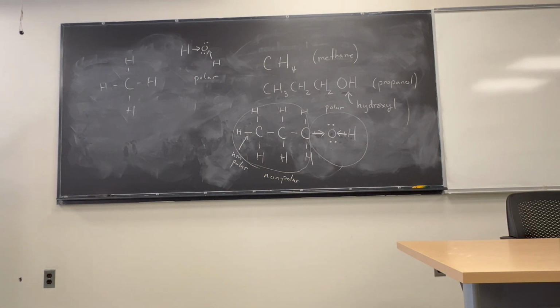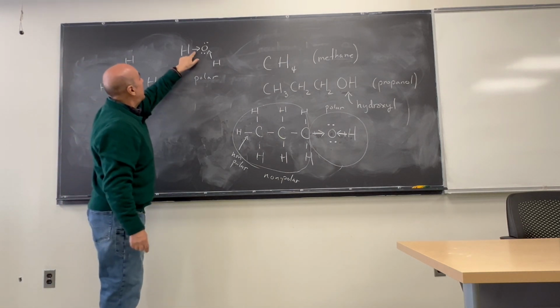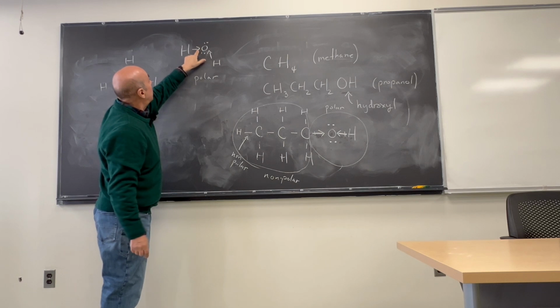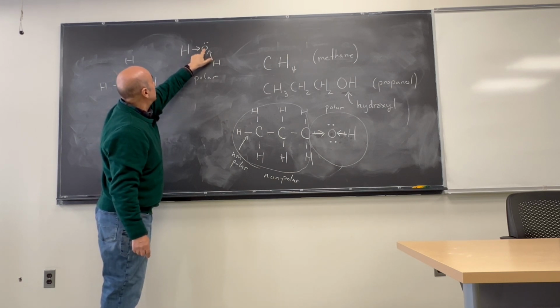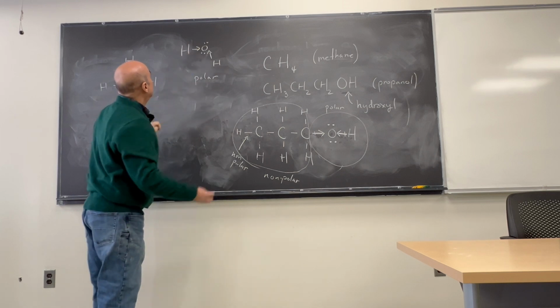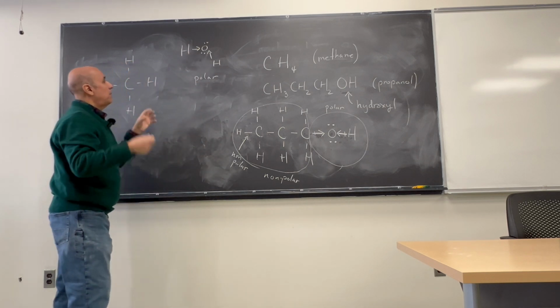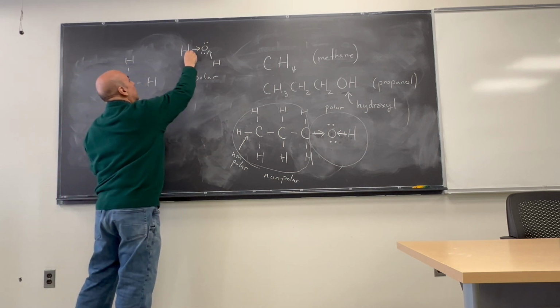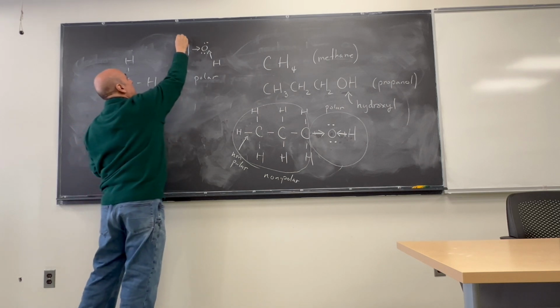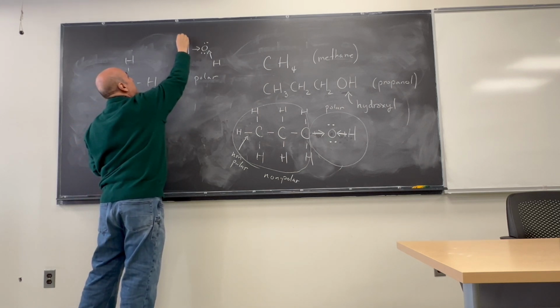And I promise you, this is the last complication I'm going to add. I know it's overwhelming. So these arrows indicating that there's more attraction of the electrons by this oxygen than the hydrogen creates the following poles. We're going to introduce a new symbol, the Greek letter delta.